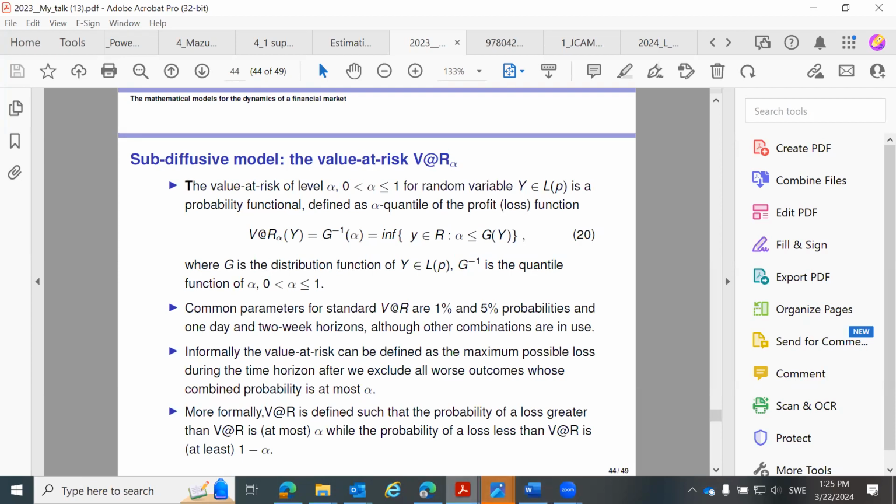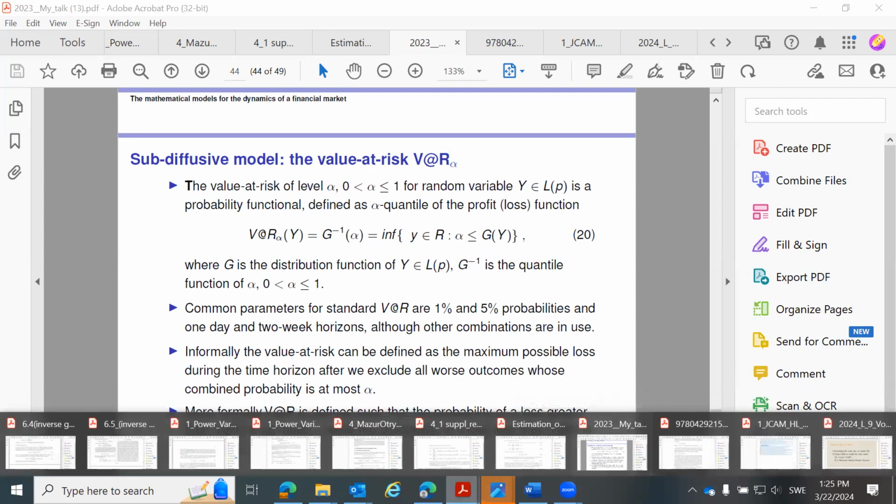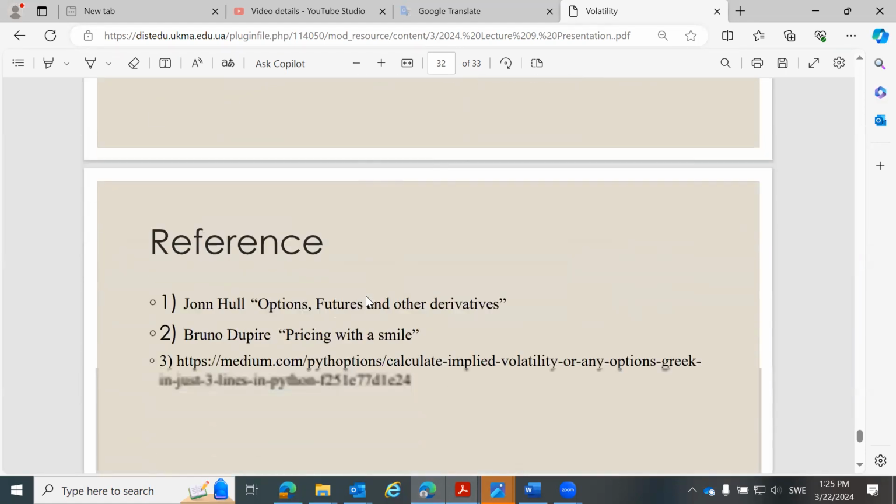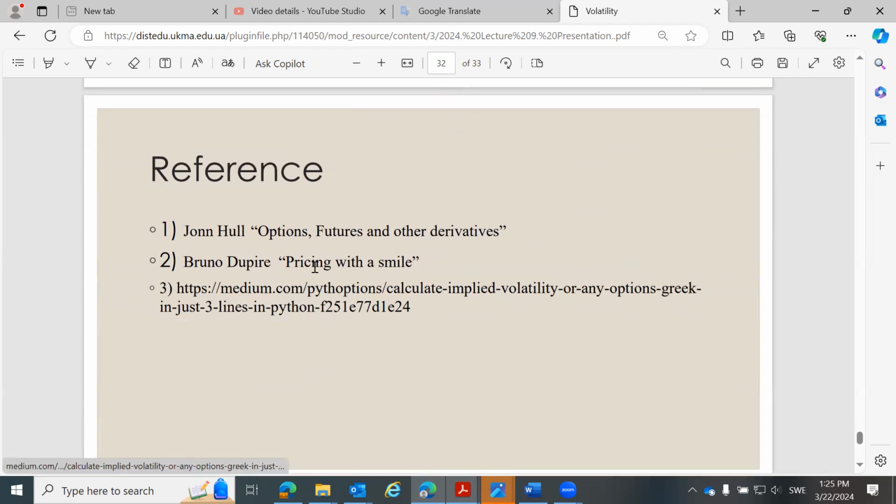Okay, and we return back to our presentation. I would like to show you the literature. It is this handbook, John Hull, Options, Futures, and Other Derivatives, and you can find the chapter about implied volatility.